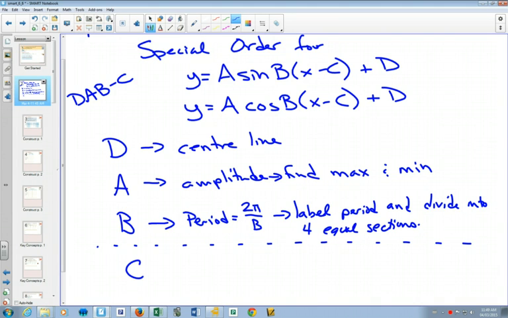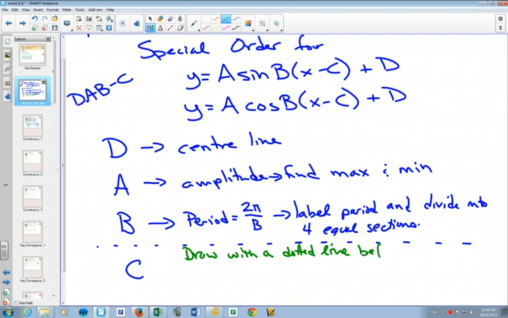Now the dotted line that I have here, and the reason we put a dash between DAB and C, is at this point you are going to draw with a dotted line the graph before the phase shift. Just like we did before, we drew our sine graph before we shifted it.